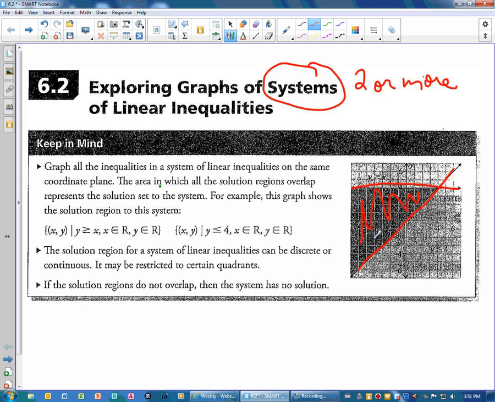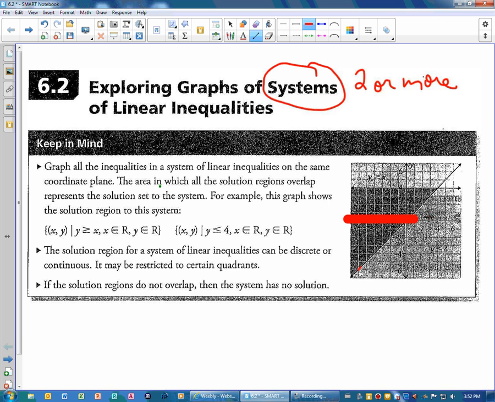It says, for example, this graph shows the solution region to this system: y is greater than or equal to x. So again, let's start over. Not the nicest graph, but let's see if I can help you a little bit.